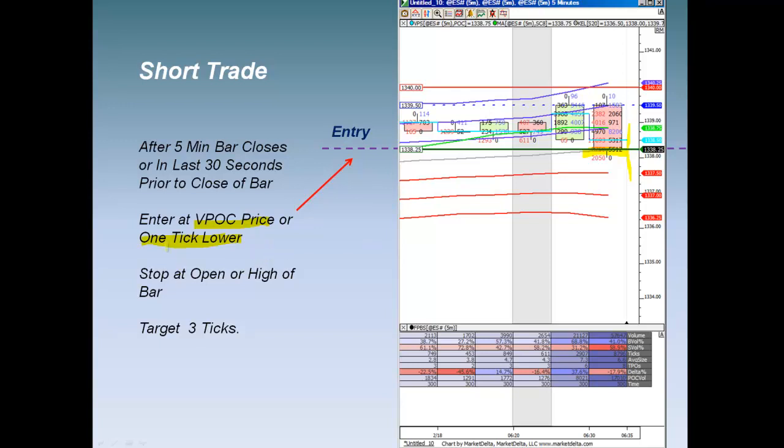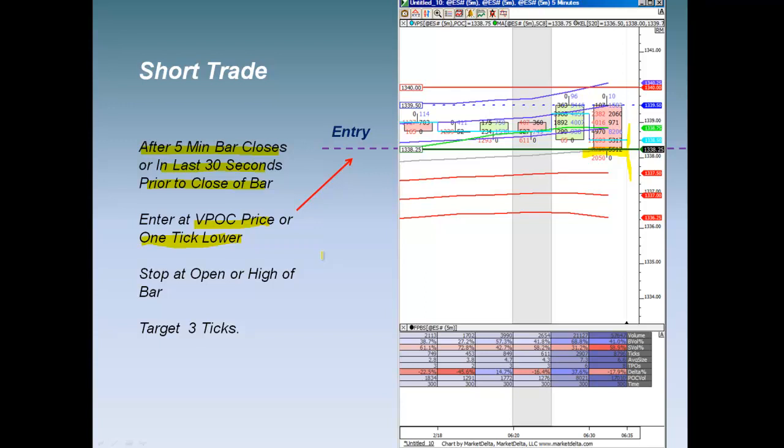Now let's take a look at when I enter the market. You want to wait either until the 5-minute bar closes, or place your trade in the last 30 seconds before the bar actually closes. And why is that? Well, very often right before the bar closes, you will see that the market makers will come in and throw some volume that will completely change the dynamics of that bar, and it will trap a lot of people in that bar, because certainly they'll push it in a direction opposite to what everyone was thinking.